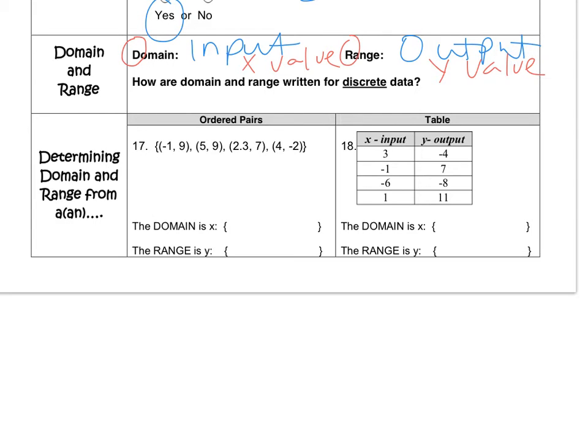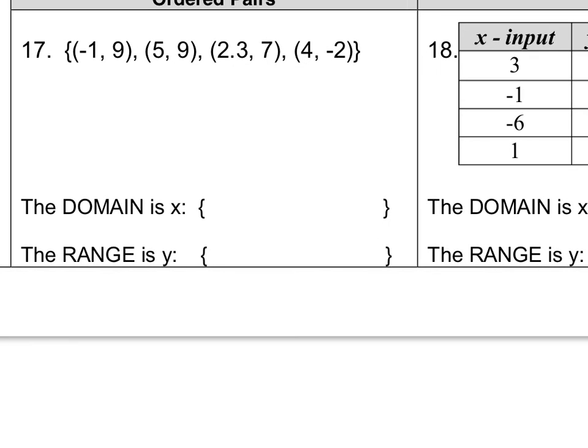Okay, so determining our domain on this very first one, I'm going to make it a little bigger. Domain is our X values. So I'm going to underline each one of my X values. And then I'm going to list them out.